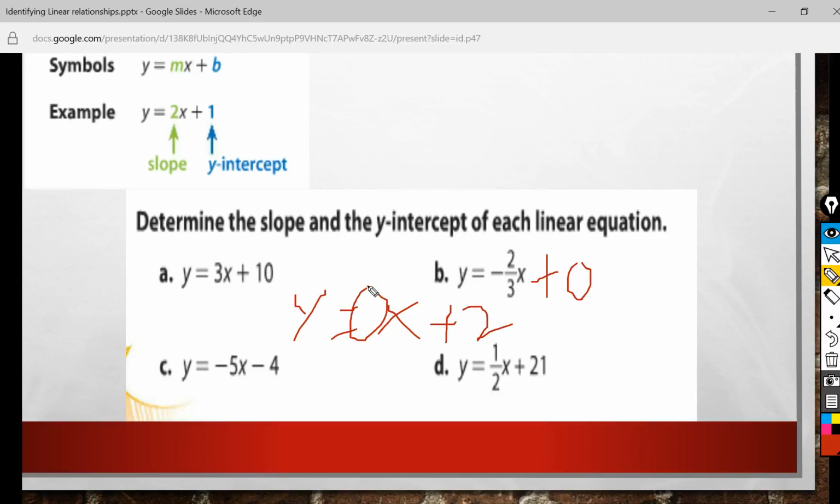Well, you just have to think about how many x's that is. That is 1x. They don't write 1 in front of that x because they assume that you know that's just 1x. So anytime you see an equation where there's no number in front of the x, like on this one, y equals x plus 2, you would just say that m, or the slope, equals 1. That's the only other thing that it doesn't show you in the examples.